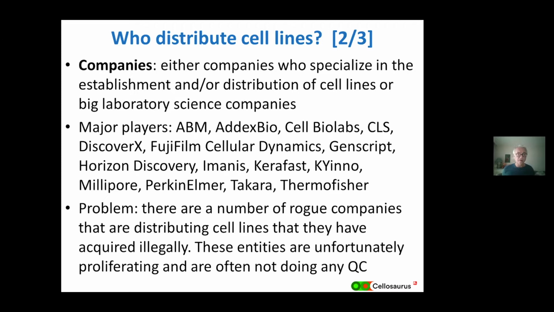They have acquired them either by buying them from the collections which have the right to distribute them, or from academics. And then, of course, they grow them and redistribute them to everyone who wants them at a lower price than the cell collection, but without doing any QC. And this is really a big problem because there are more and more of those companies.